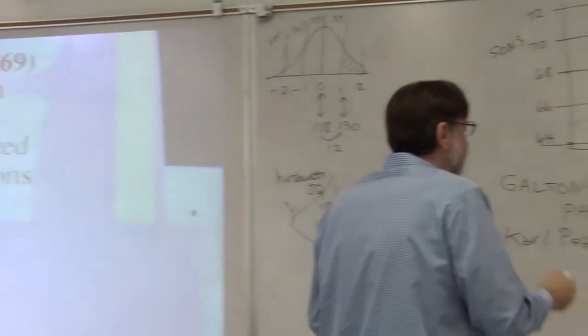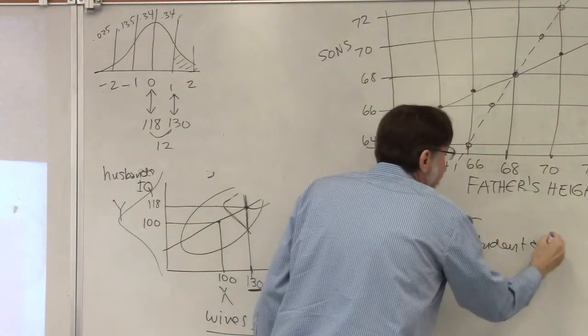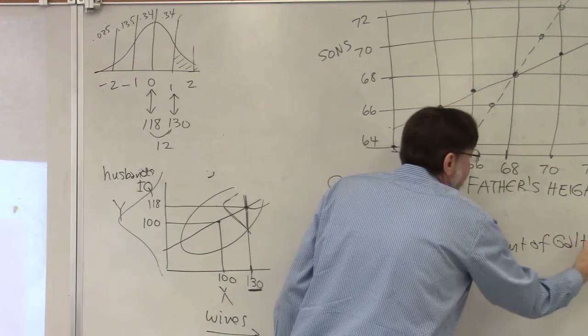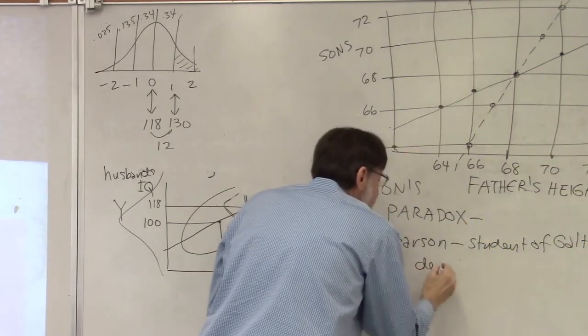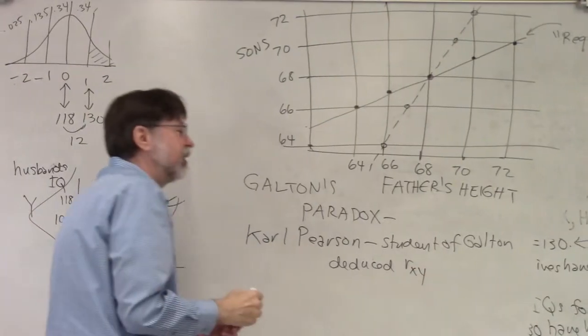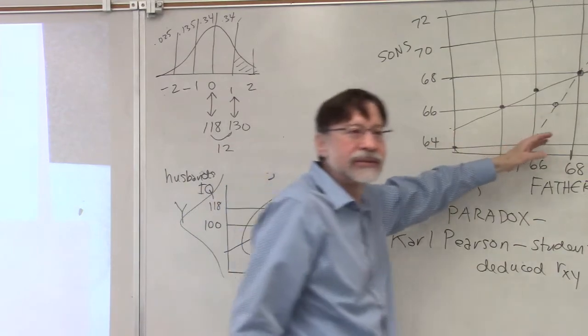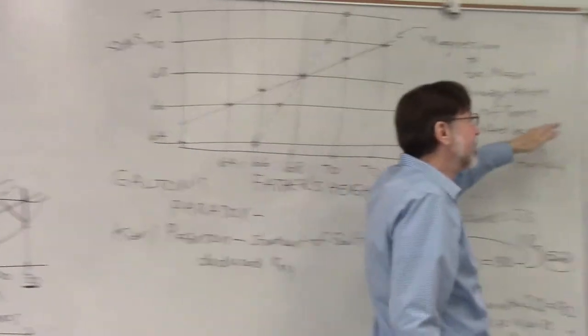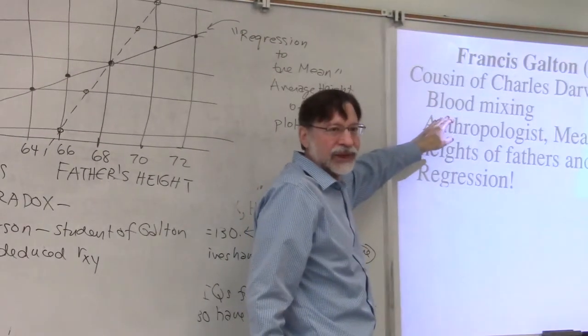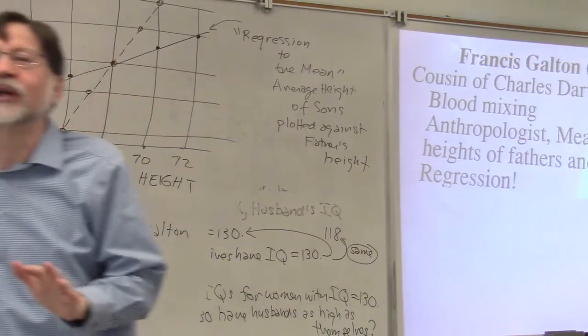And so Pearson, who was a student of Galton, he deduced RXY and explained this to Galton and said it has nothing to do with your genetics theory. It has nothing to do with blood mixing. It only has to do with the fact that things aren't perfectly correlated.